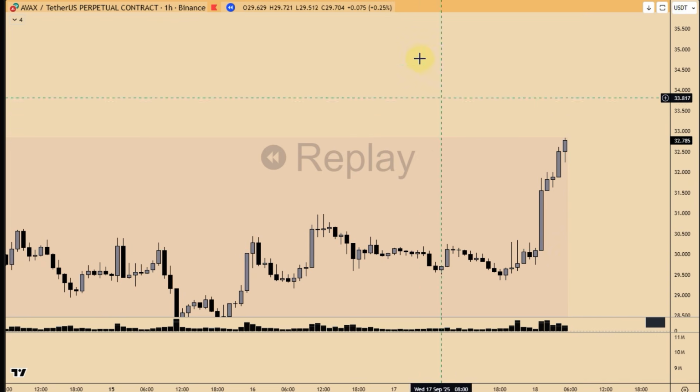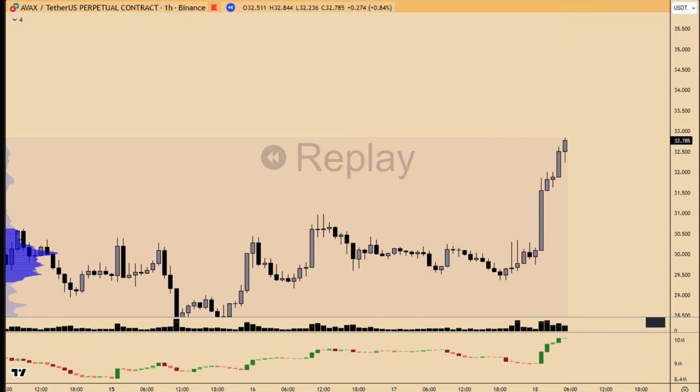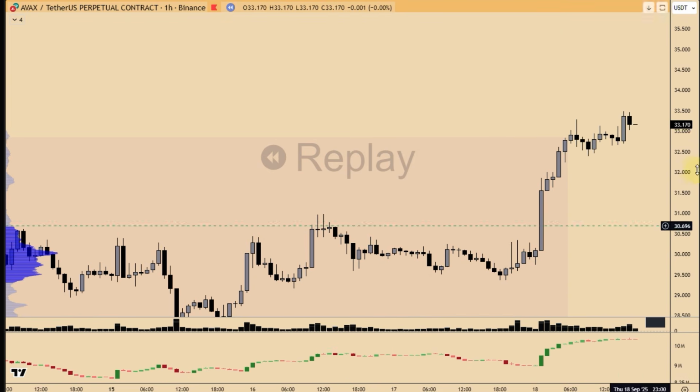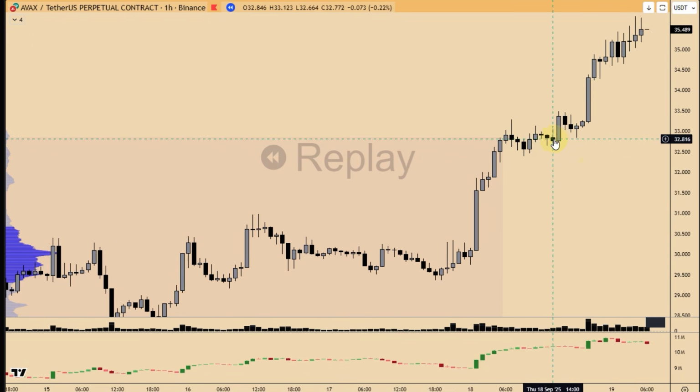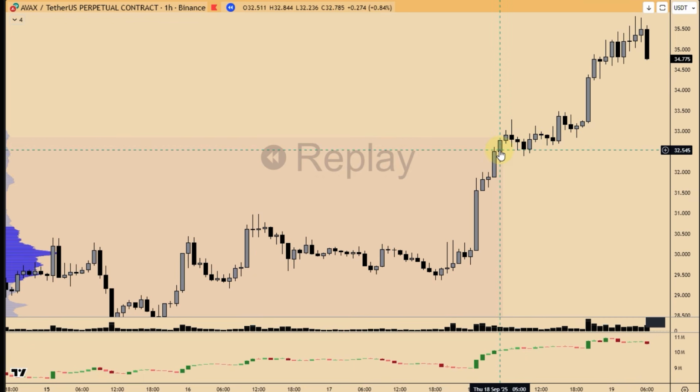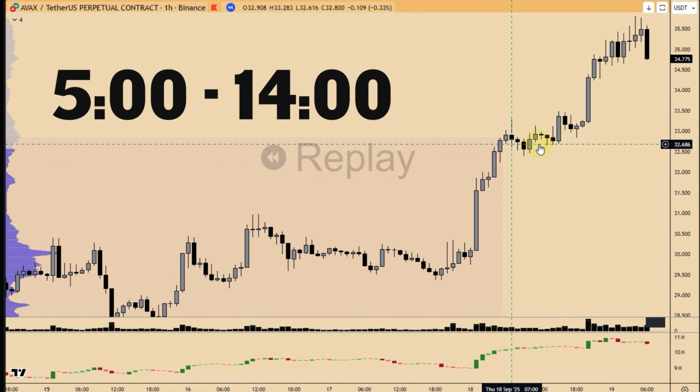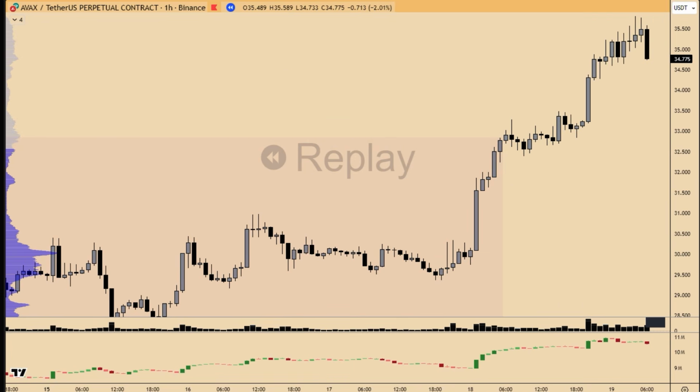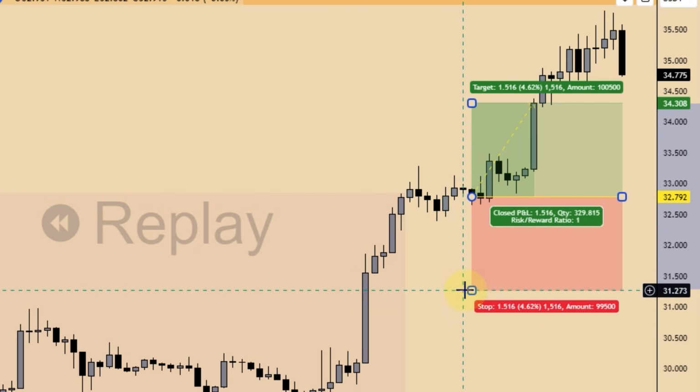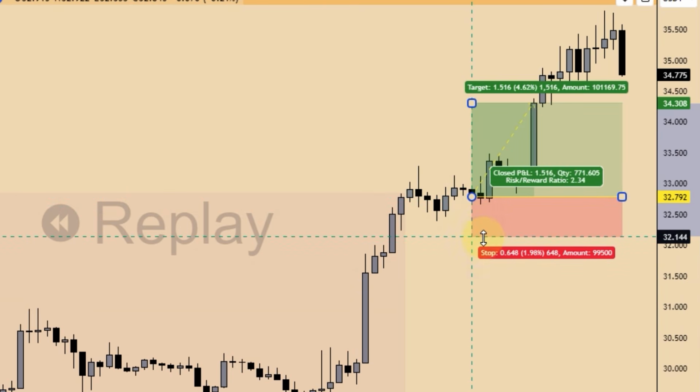You don't need it. That's why you wait for a candle like this one. You can see that price has created a range for several hours. Here price was in range from 5 o'clock until 14 o'clock, which is good, at least 10 hours. And after that, at that range low, you could take a beautiful long trade to continue this trend.